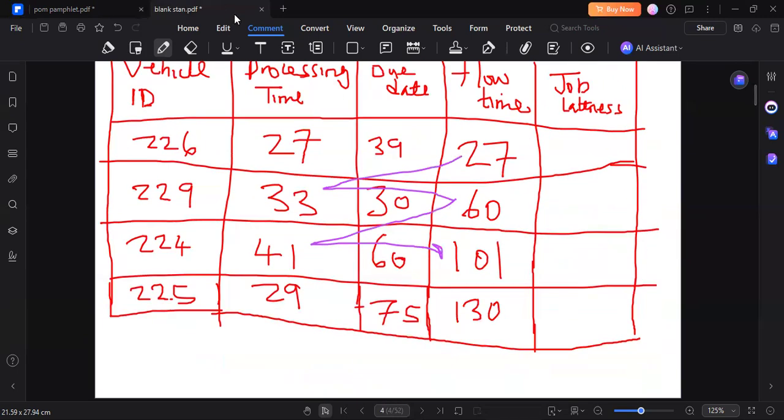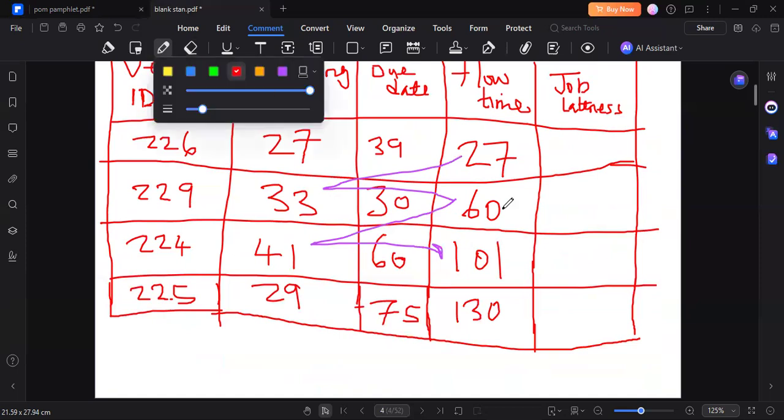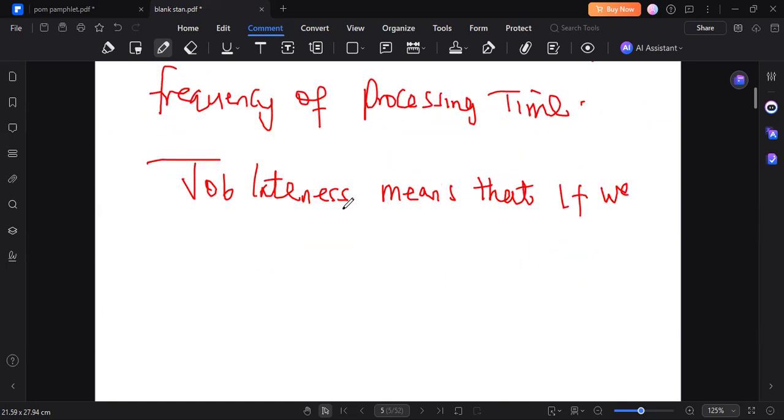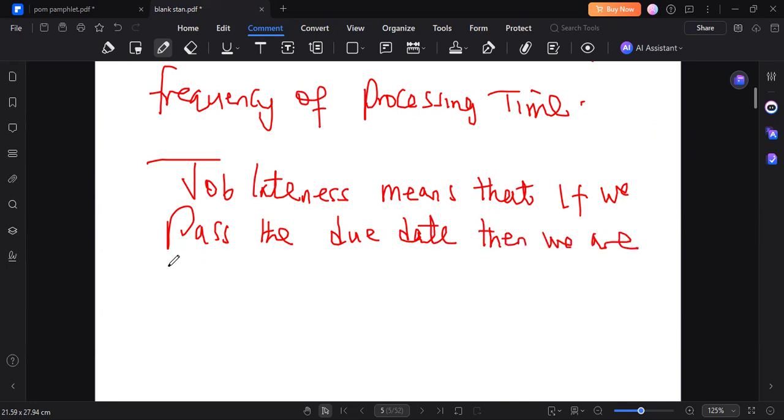So job lateness now. How do we get our job lateness? If you pass the due date, you are late. So should we pass the due date, we are late.